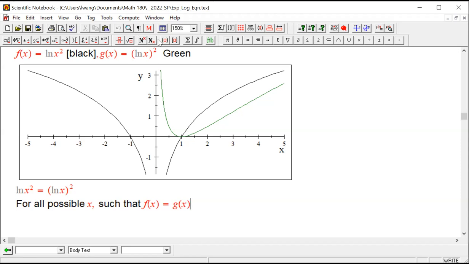Same output. In other words, where do they cross? This picture already shows us where they cross. They probably cross at x equals 1. So the picture already tells us the solution.